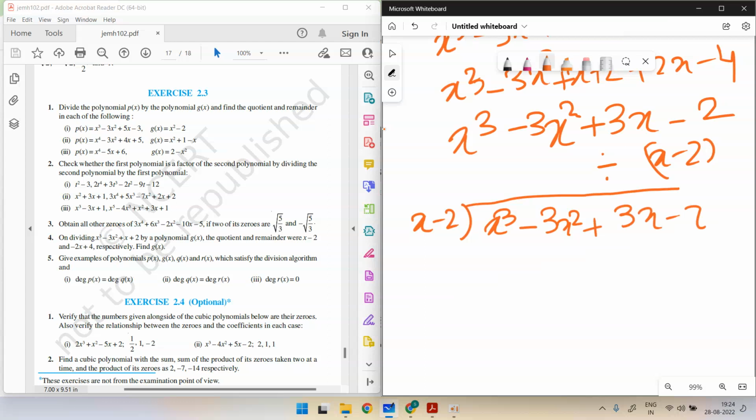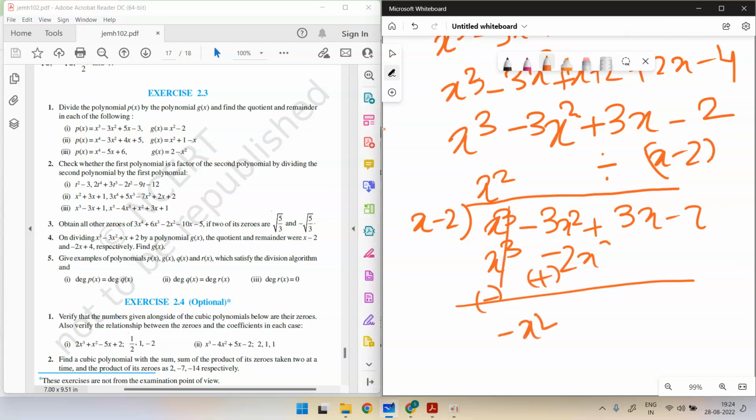Now for x to x cube you need to multiply with x square. x square into x is x cube, minus 2x square. If you subtract, the signs change and x cube cancels, and minus 3 plus 2 is minus x square, and here you will get plus 3x minus 2.